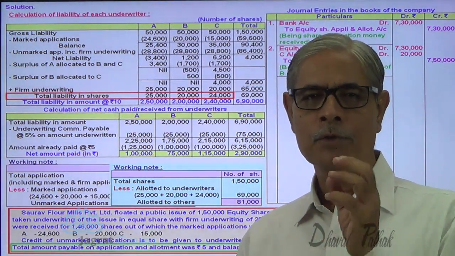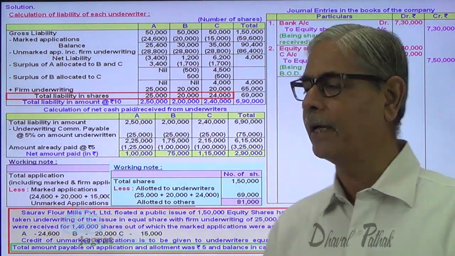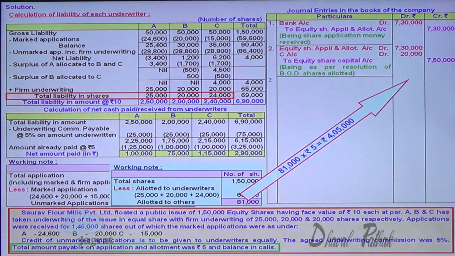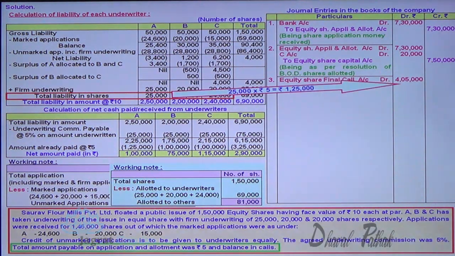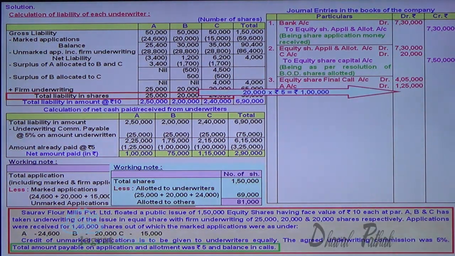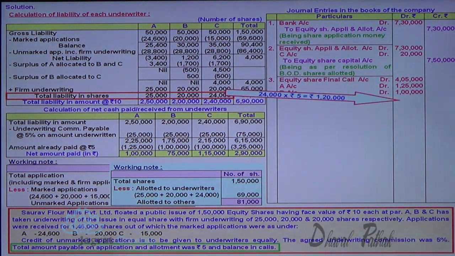Let me make a journal entry for demanding the final call. So equity share final call account debit 81,000 into 5, 4,05,000. Amount due from A 25,000 into 5, 1,25,000, A's account debit. B's account debit 20,000 into 5, 1 lakh. C's account debit 24,000 into 5, 1,20,000.